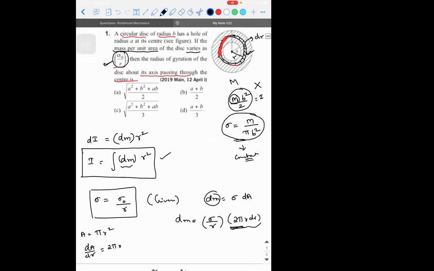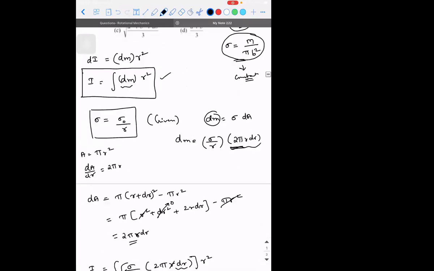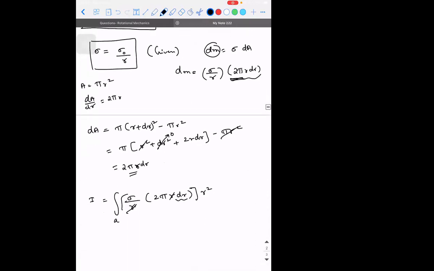This r should start here and it should go till here. So what is this distance, A to what? A to B, that's right. So integral of A to B.